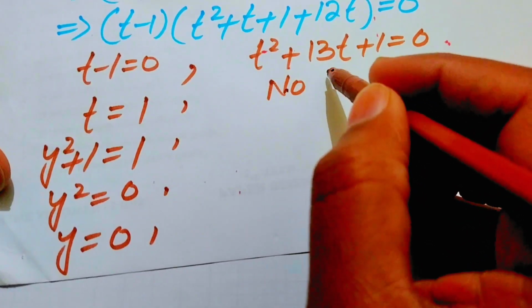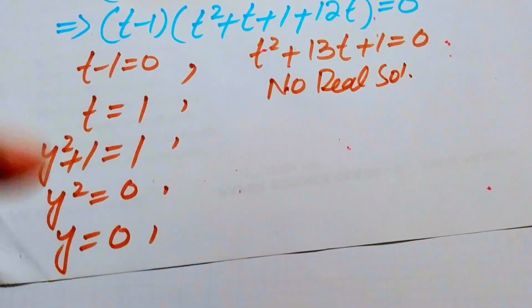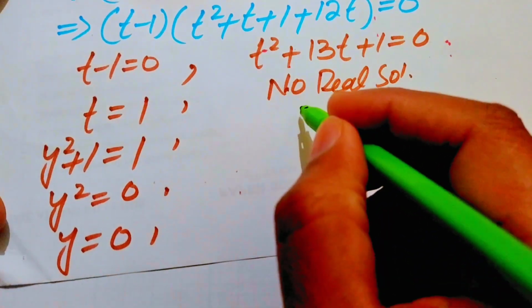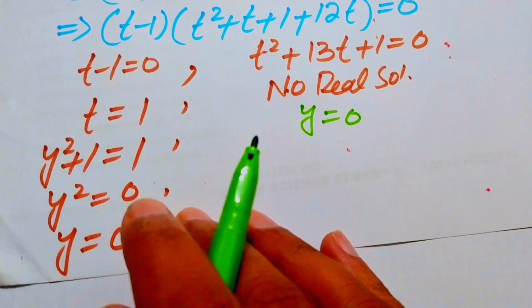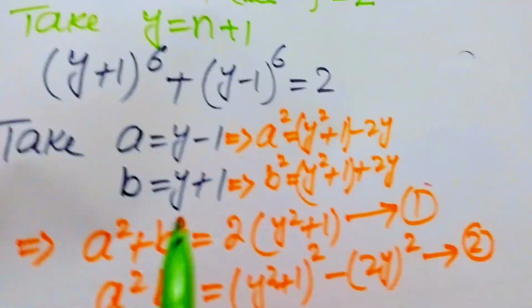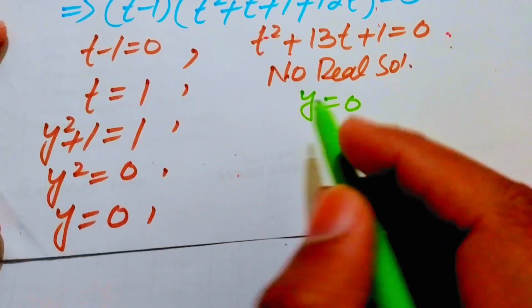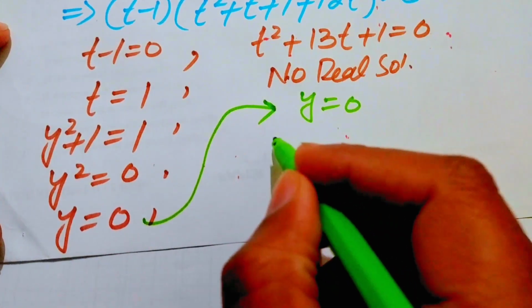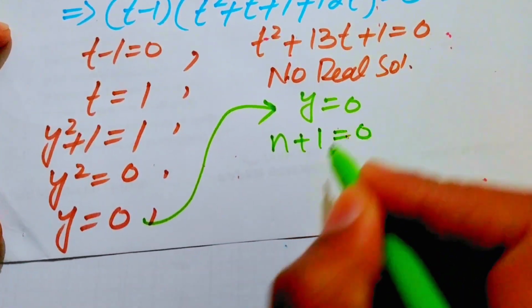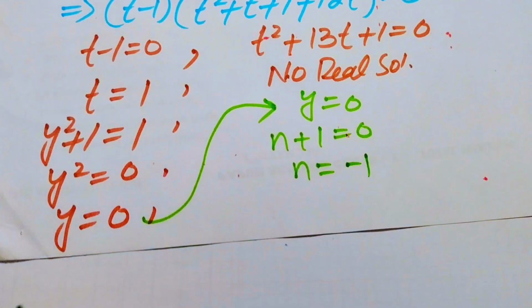So here it gives no real solution, and we reject this case, and we can proceed with the first case only. In this case we get y equals 0, and when we again back substitute the value of y, you see here we have y equals n plus 1, and we put the value of y. So this will be written in this form, and we have n plus 1 equals 0. So you get n equals minus 1.